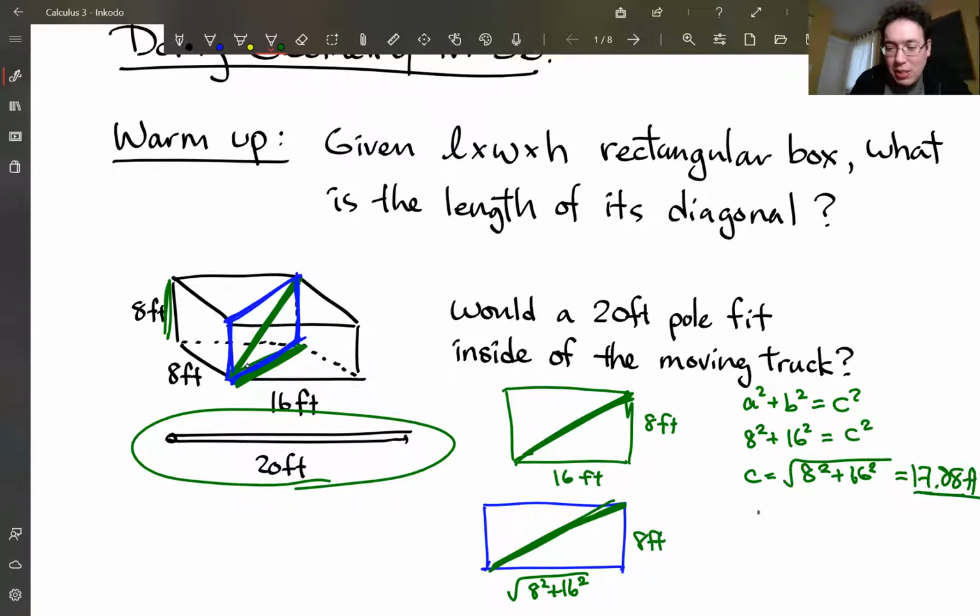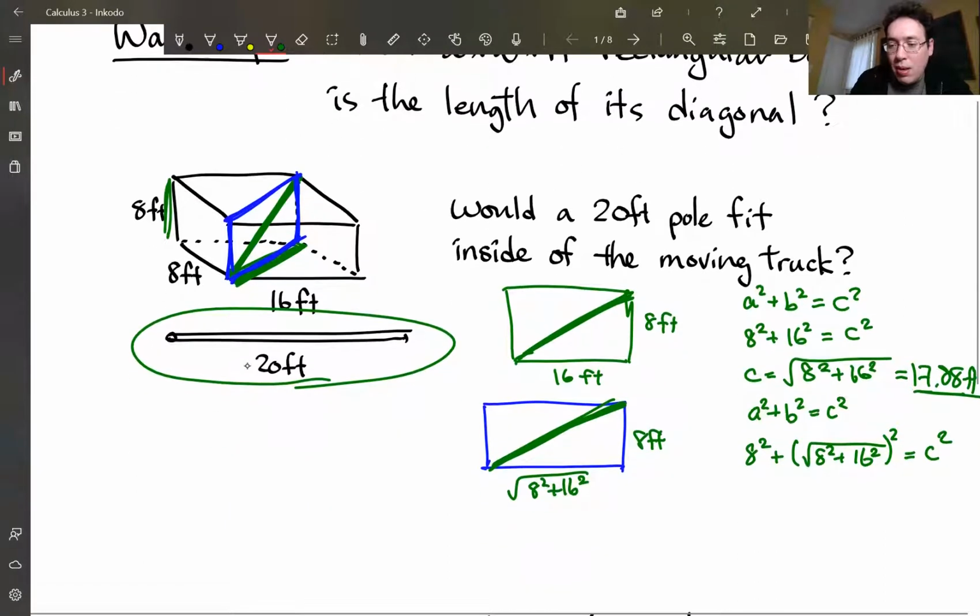So we're using the Pythagorean theorem again, but this time, 8 is my a, and my b is the c we had from before. All right, so the square and the square root will cancel out.